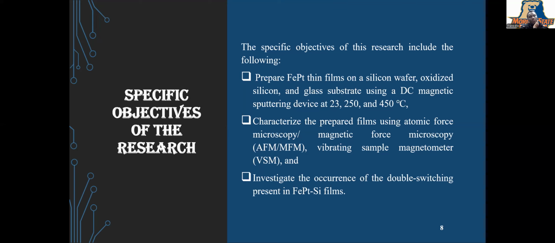Lastly, we investigated the occurrence of double switching mechanisms present in the film on silicon substrate. The contribution to knowledge in this study will show the properties of iron platinum thin films and the cause of the double switching mechanism in iron platinum on silicon substrate.